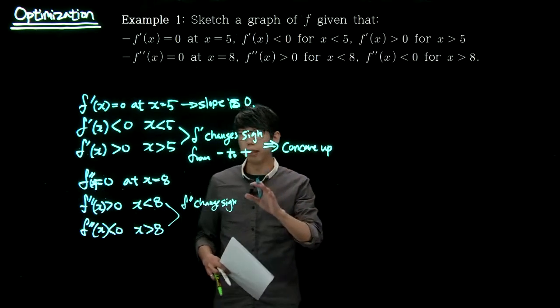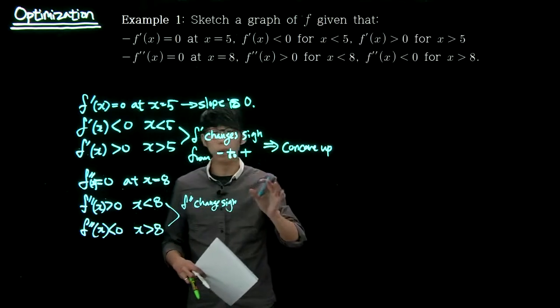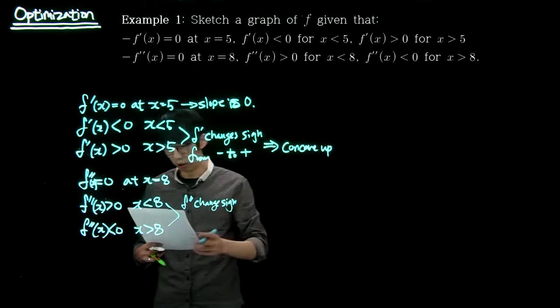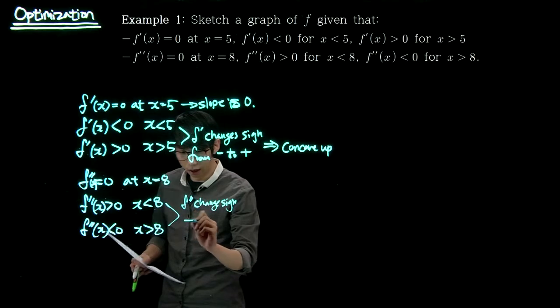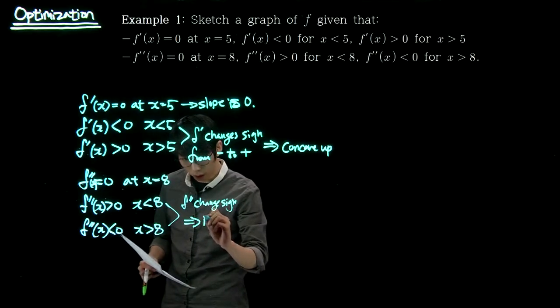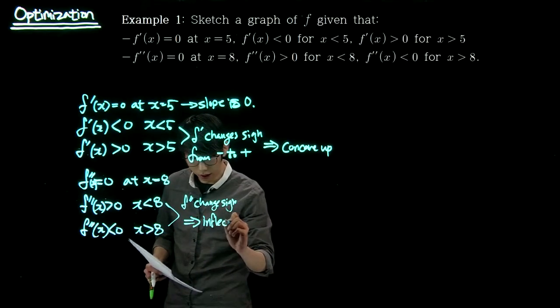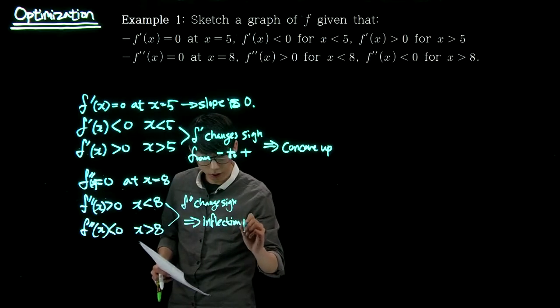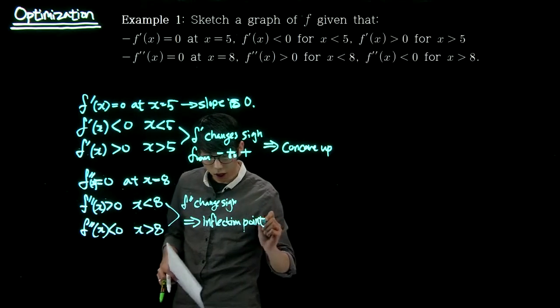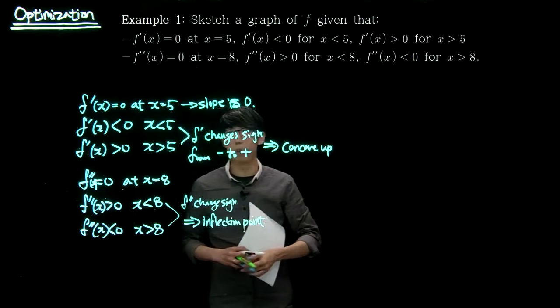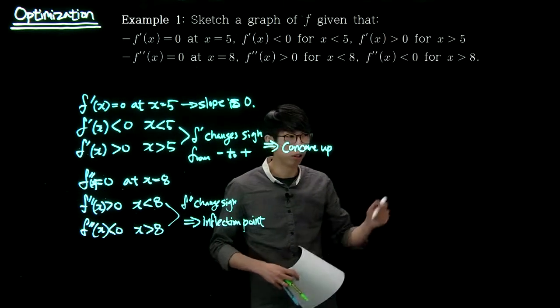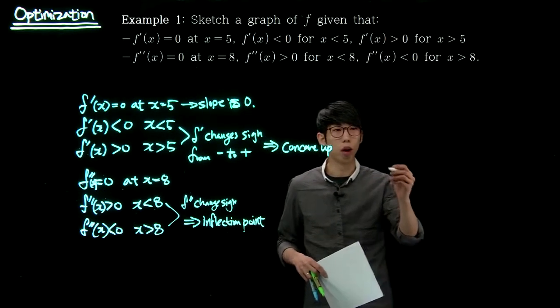So when it changes sign, the concavity changes. Okay, so when a concavity changes, it is an inflection point. So let's try to draw this graph. We have interpreted all the information. We need to draw this graph.